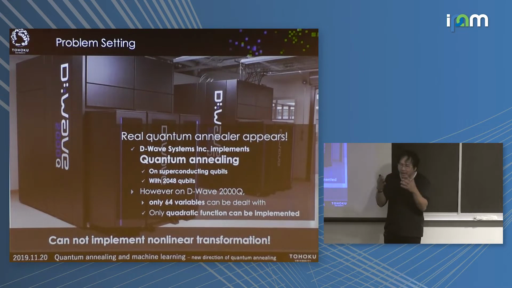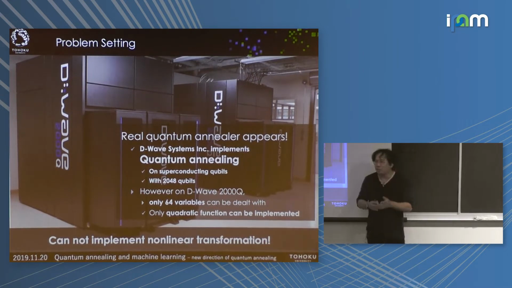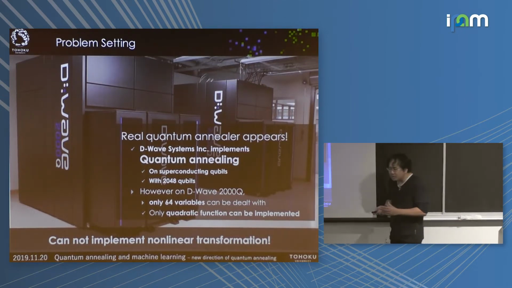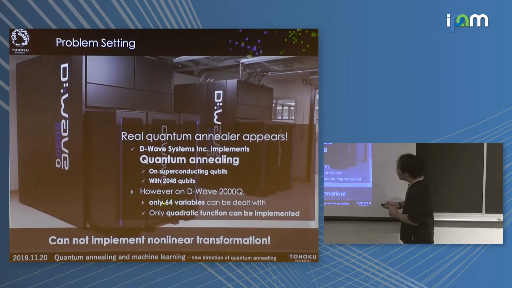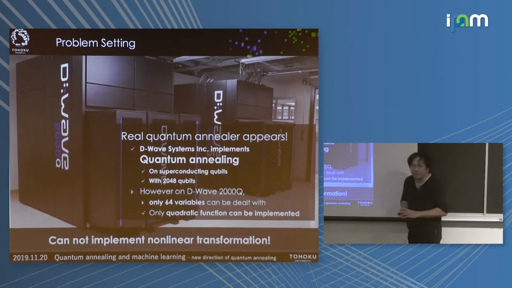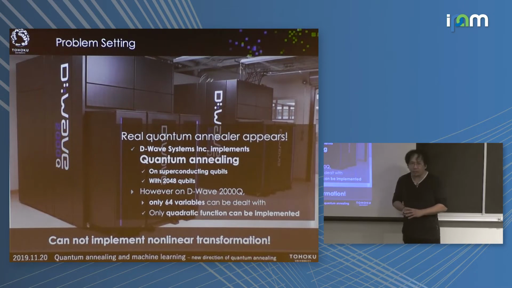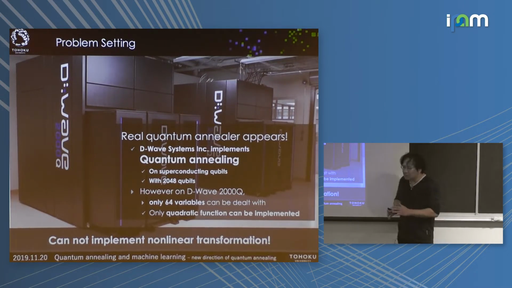So we have to consider some optimization problem to embed the original problem into the quantum hardware. In the worst case, only 64 variables can be dealt with by this device, even with 2048 qubits. This is due to the limitation of the circuits.